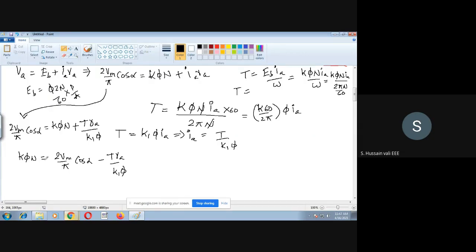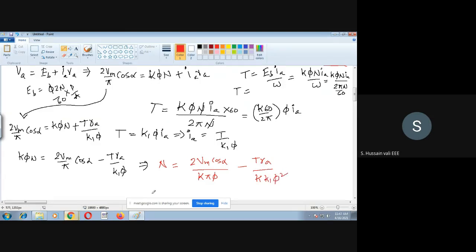Then you can find out n from this. So n is equal to Vm cos alpha by k pi phi, minus T into Ra by k k1 phi square.